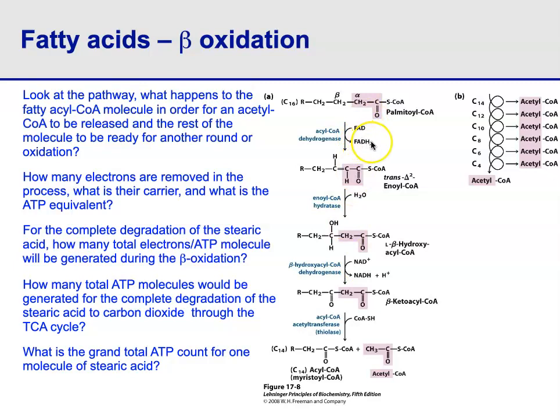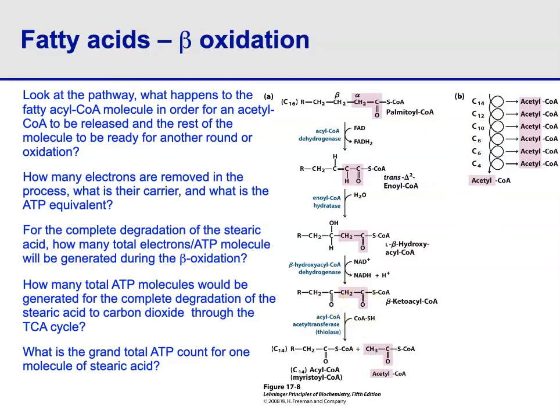For every FADH2 carrying an electron pair, the equivalent is 1.5 ATPs. For every electron pair carried by NADH in the mitochondria, it's 2.5 ATPs. So 4 electrons, 4 ATPs. You can remember it either as 2 electron pairs and 4 ATPs, or you can remember it as 4 electrons, 4 ATPs. Okay.